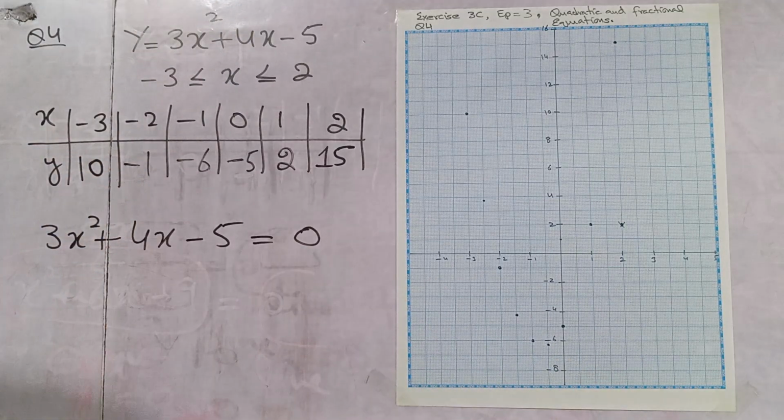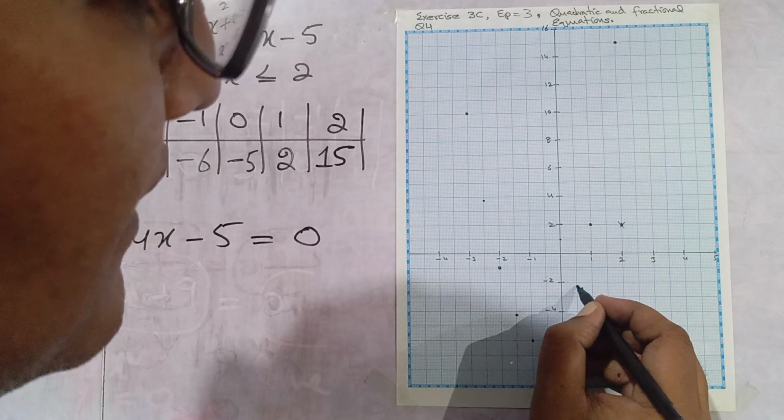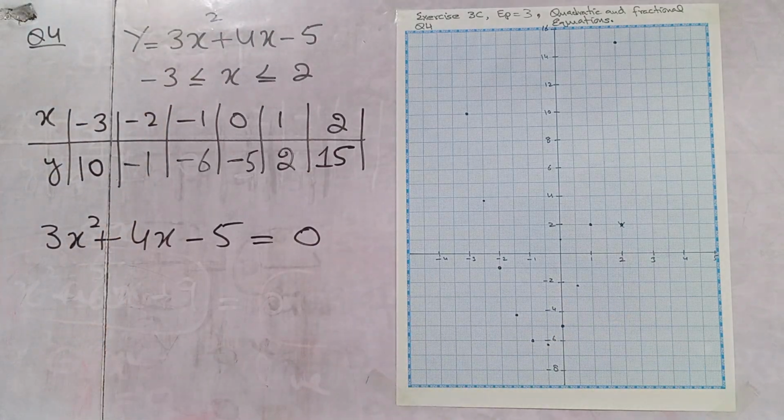And then this graph goes back. I can take another point at 0.5, for example. 3 multiplied by 0.5 squared plus 4 multiplied by 0.5 minus 5 equals -2.25. It will be here.